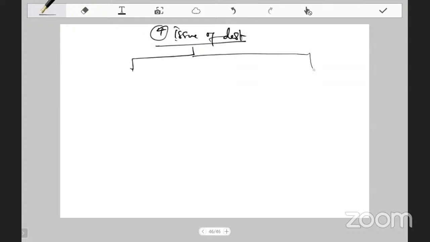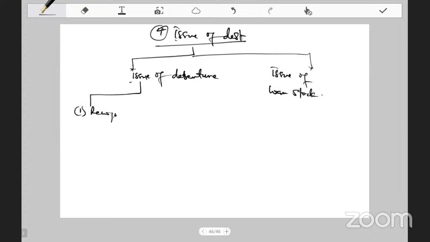Issue of debt. So let's go number 4. Issue of debt. When you are talking about issue of debt, you can have the parent company do what we call issue of debenture. They can decide to issue debenture in order to make money. You can also talk about issue of loan stock. So you can either issue that. When they issue debenture, what do you do? Thing 1, you recognize the debenture, the recognition.